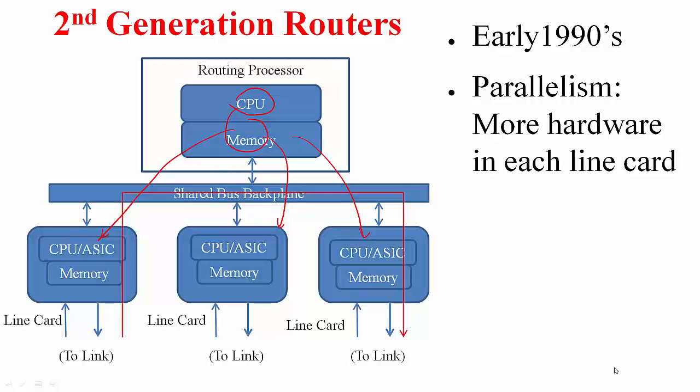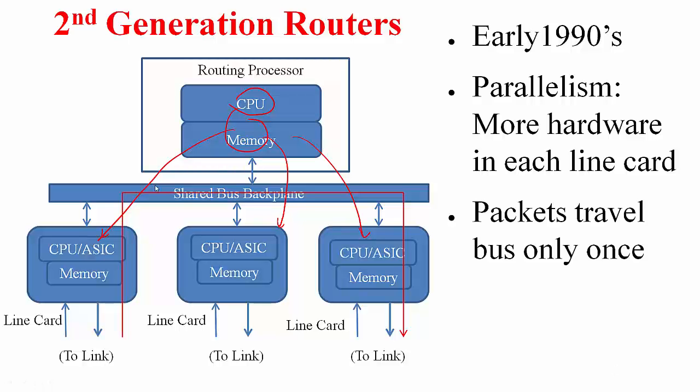So in this case, how many times does a packet travel the bus? Just once, because once you decide what your outgoing port is, you definitely don't have to go through the CPU, because the outgoing port has already been decided. So you just go through the bus to the right outgoing port and then exit the router.